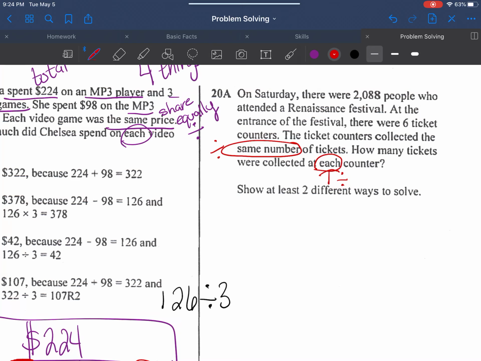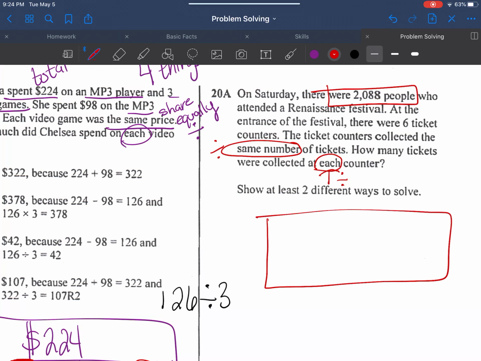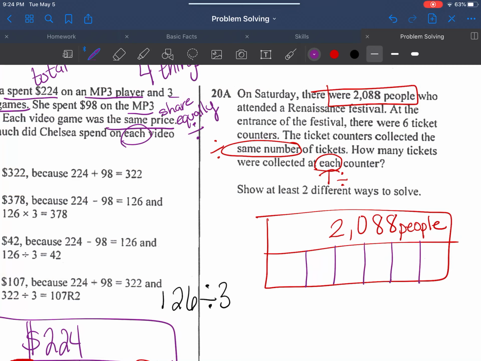Again, the word each also means division. Show at least 2 different ways to solve. So first things first, there were 2,088 people. That was my total. And it says that there were 6 ticket counters.